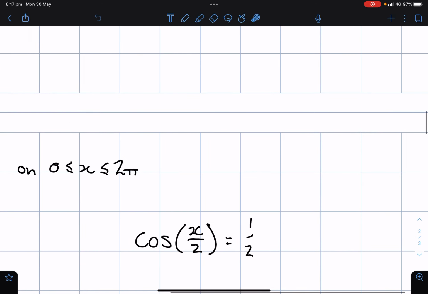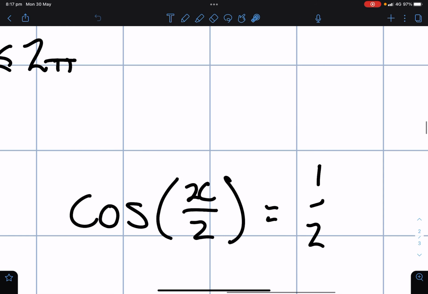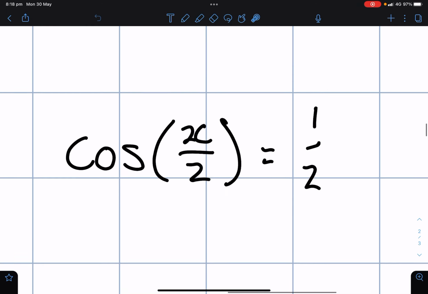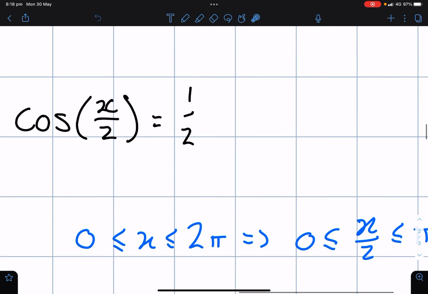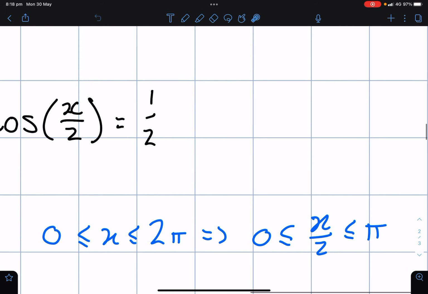Now the next one you'll see is if we have a fraction as our coefficient of x, so as our b value. In this example, our b value is a half, and we've got cosine of a half x equals 1/2. Again, like we did with the other one, we're going to change our interval. So 0 is less than or equal to x, which is less than or equal to 2 pi. Just like we did with the other one, where we times it by 2, this one we're going to divide it by 2.